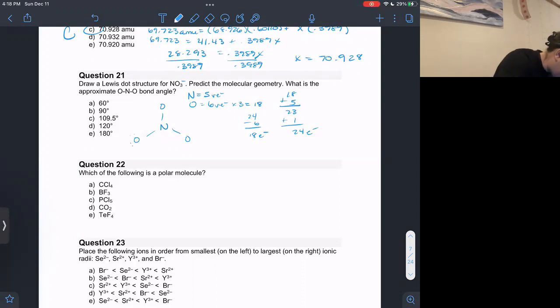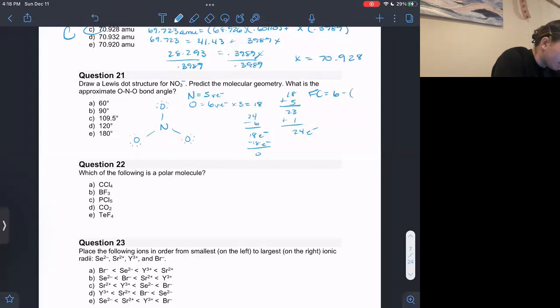Then I'll fill the oxygens first. 1, 2, 3, 4, 5, 6. 1, 2, 3, 4, 5, 6. Okay, so that was 18. That was 0. But my nitrogen does not have a full octet, even though my oxygens do. And if I were to solve the formal charge of this, my formal charge of oxygen here would be supposed to have 6.